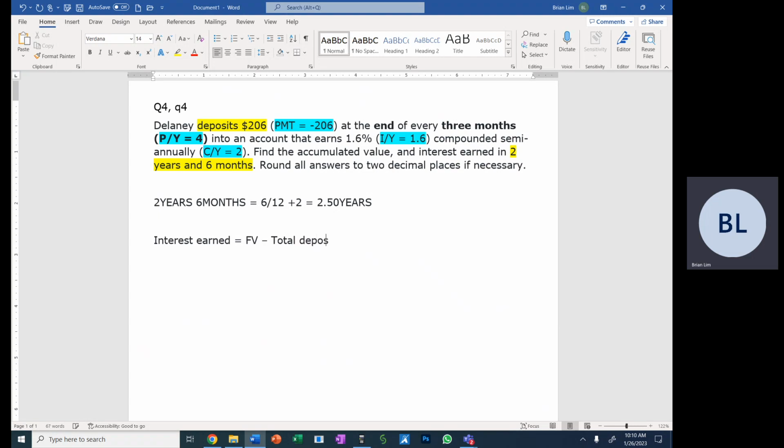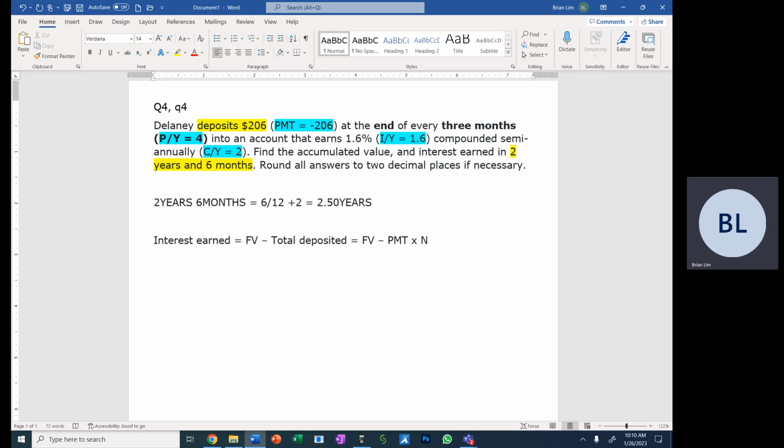We can find the future value, of course. It's the value we just computed, and the total deposited would be equal to the payment, each payment, multiplied by the number of payments.